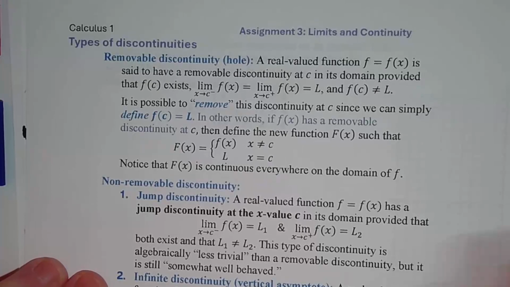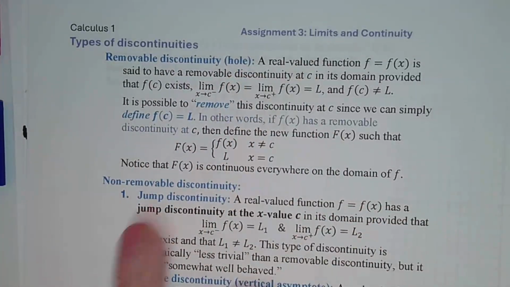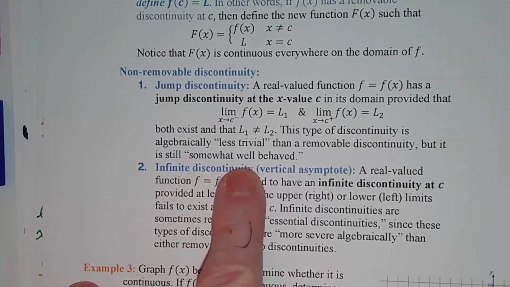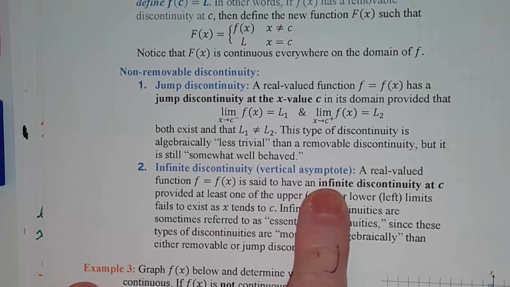Here we go. So we have the hole discontinuity, the jump discontinuity, and the infinite discontinuity, where we have some kind of vertical asymptote.